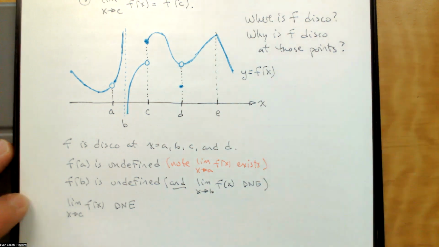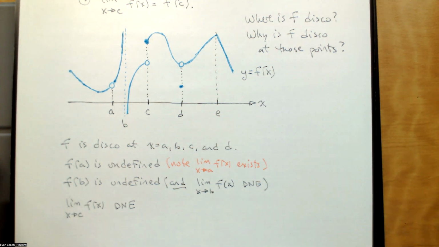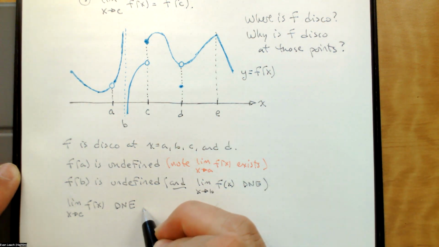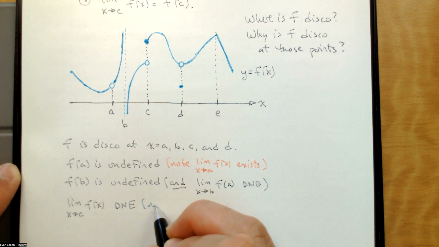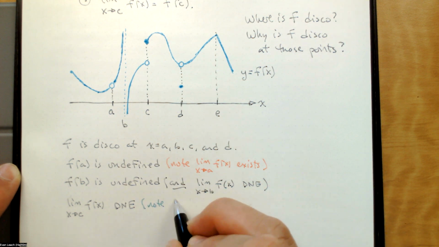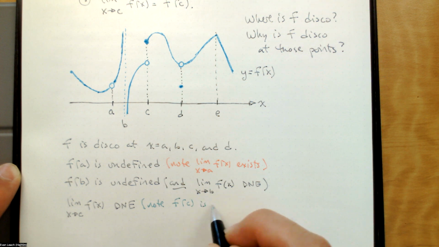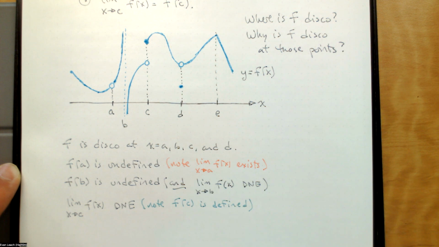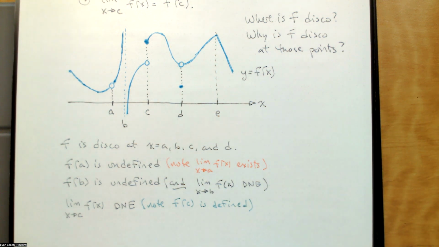We could note that the function is defined, but that doesn't matter because the limit does not exist. So we do have a value for f of c, but it doesn't matter because the limit doesn't exist. Also note that we have a left limit and a right limit, but since those limits are not the same, the limit doesn't exist.